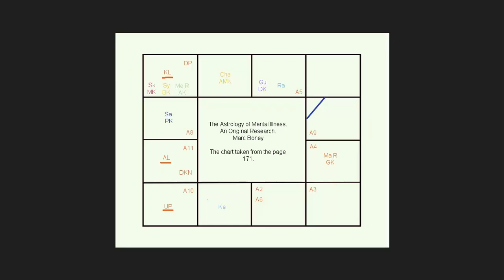So we talked about Shani, we talked about Rahu as the main karaka for drug addiction, we talked about Ketu. Also, we need to consider Mars, Mangala, as Marc Boney very rightly remarked that Mangala should be taken as karaka of stimulants such as cocaine, and I fully agree with that.